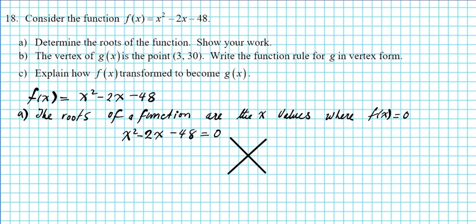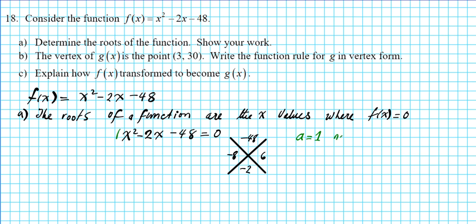AC goes on top. AC is negative 48. And b goes on the bottom. Two numbers that multiply to give you negative 48 and add to give you negative 2. Negative 8 and 6 works nicely here. So in this problem, a is equal to 1, as you can see here.